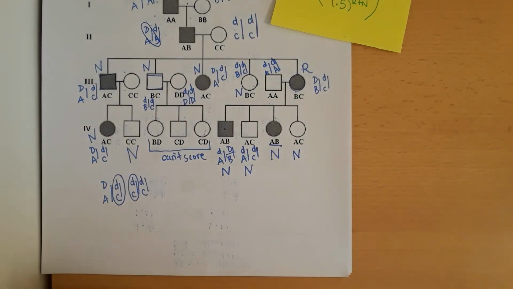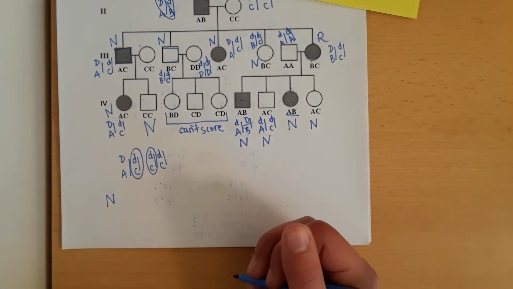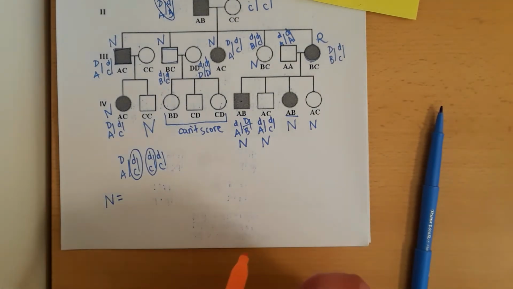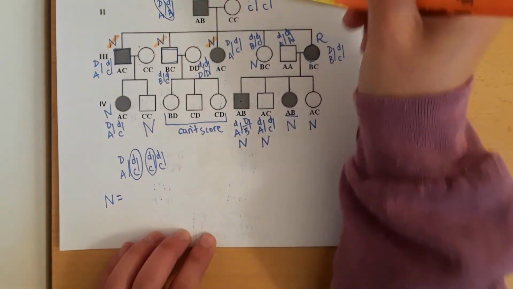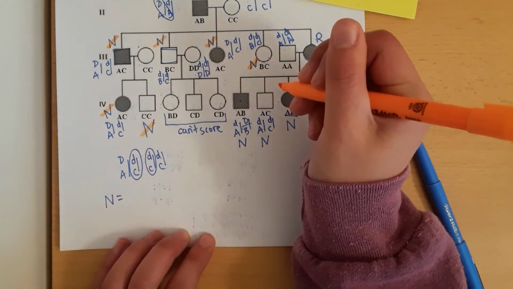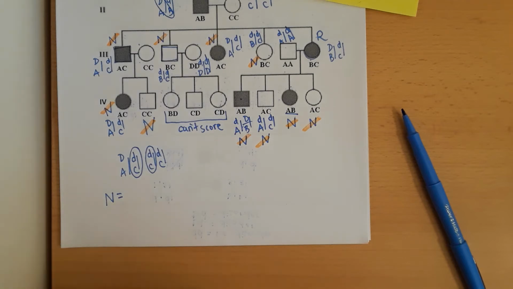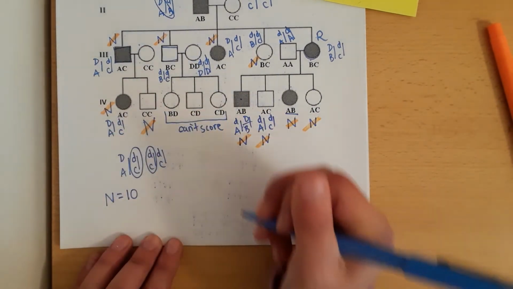So now that we scored everyone, let's go ahead and count how much we have of the N's and how much we have of the R's. So we have 1, 2, 3, 4, 5, 6, 7, 8, 9, 10. Going to have 10 N's.